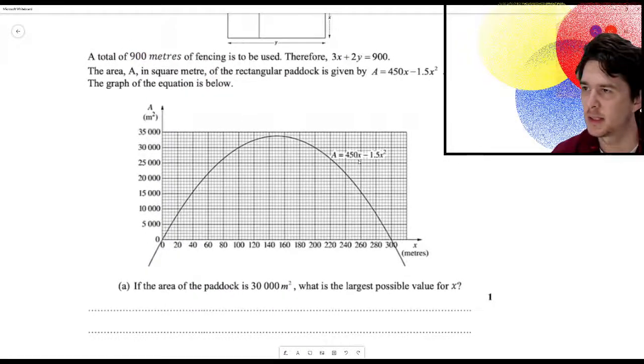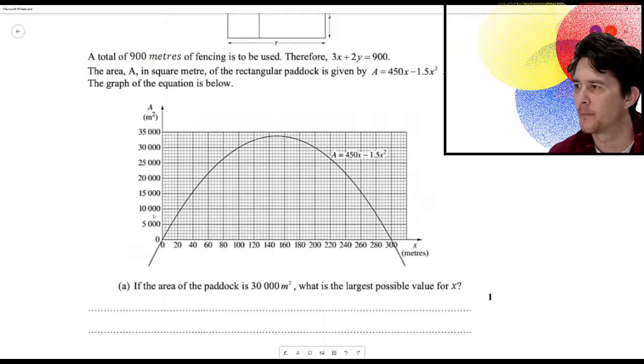And so here, this is plotting this area equation, A equals 450x minus 1.5x squared. You don't actually need to know how they got that. That's not super important. But we just need to understand that the height of this is the area, and then the x value for some area is given there.